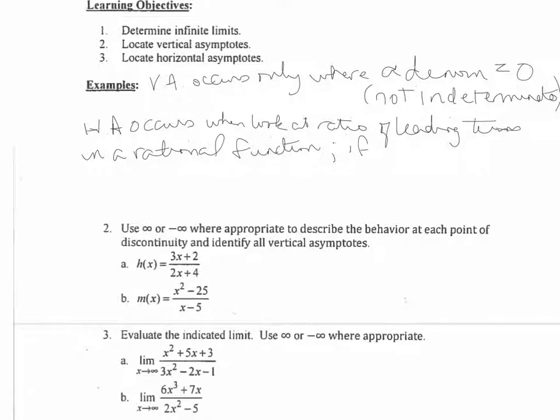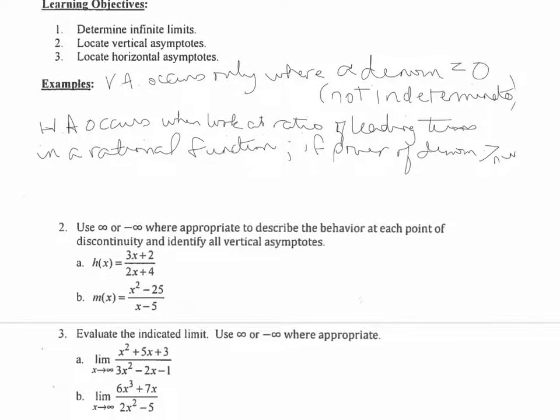Okay? If the power of the denominator is greater than the numerator, let me scoot this over a little bit. Okay, the power in the denominator is greater than the power in the numerator. Do you remember what that means?